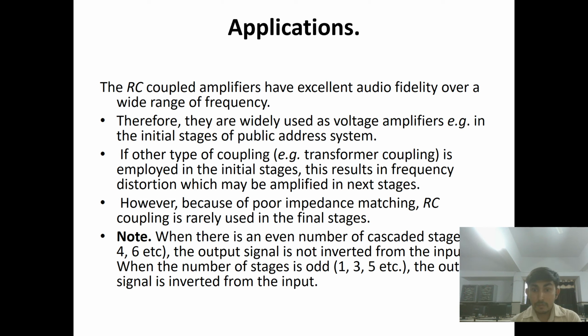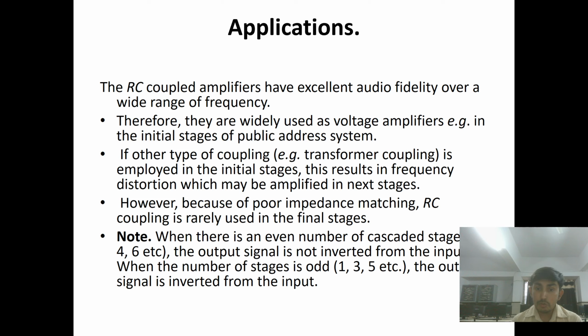One more thing: we know very well that a multi-stage transistor amplifier has a number of stages, and generally we prefer a common emitter connection. So generally we require an even number of stages. If you don't have an even number of stages, that is other than 2, 4 and 6, then your output will be inverted.